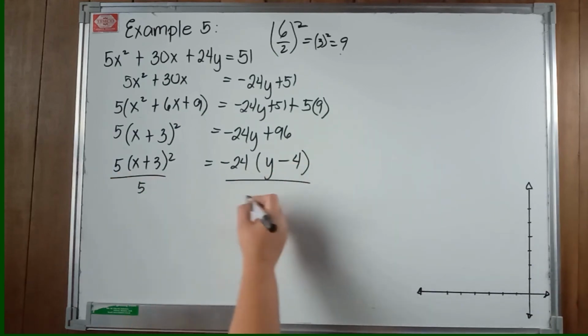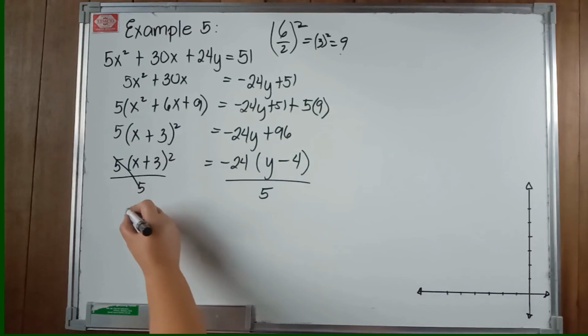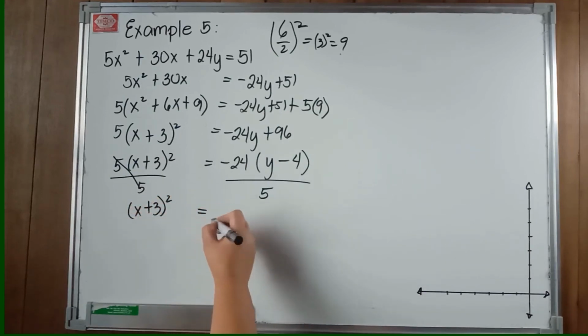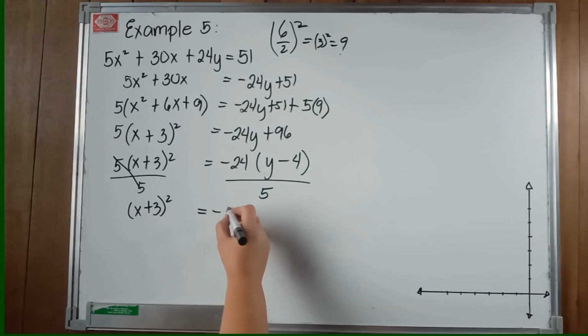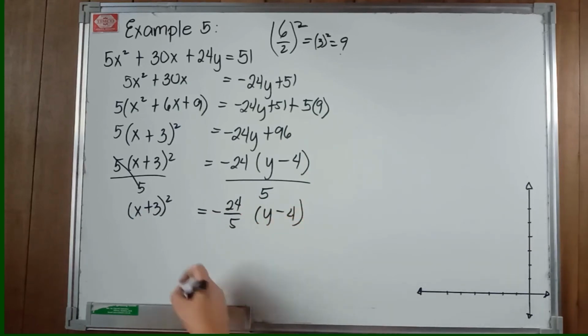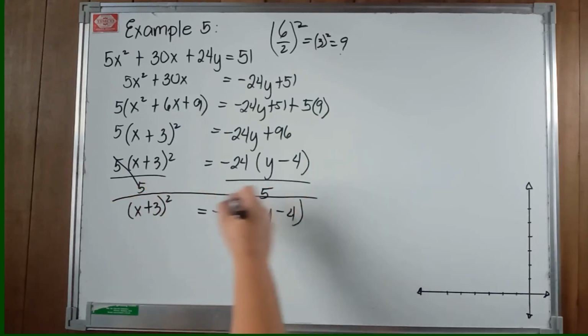And let's divide both sides of the equation by 5 to isolate x plus 3 squared is equal to, do not divide, just write negative 24 over 5 times the quantity y minus 4 to get the format of our equation. Looks familiar, right?